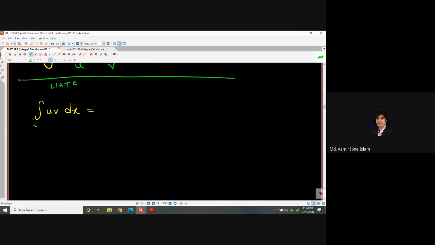Now to solve this integral, the formula says that we have to go this way: u integration of v, negative, integral of differentiation of u times integration of v.